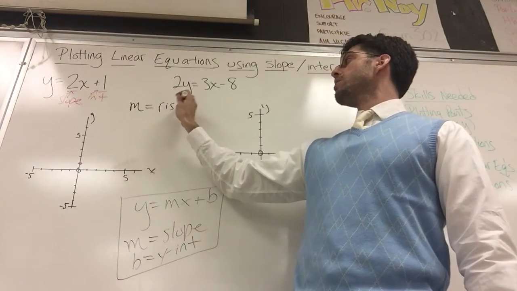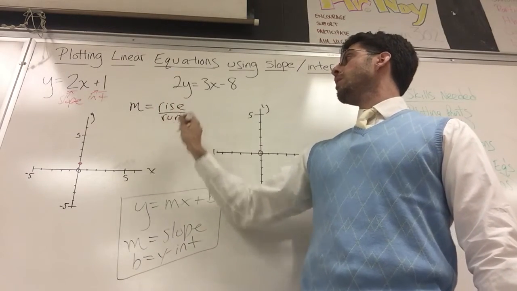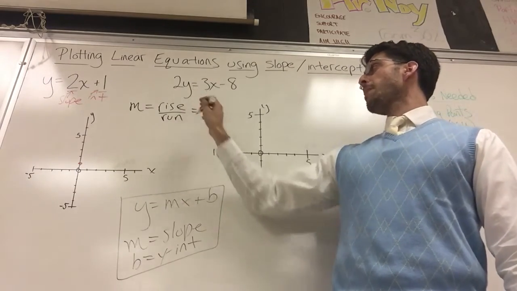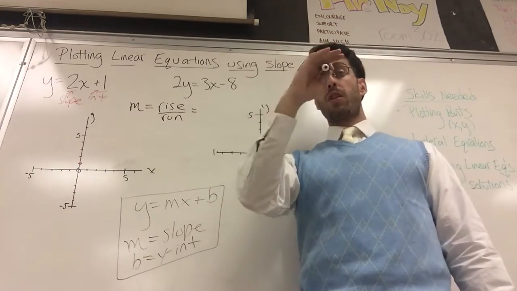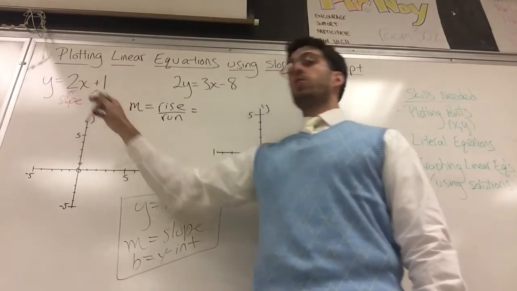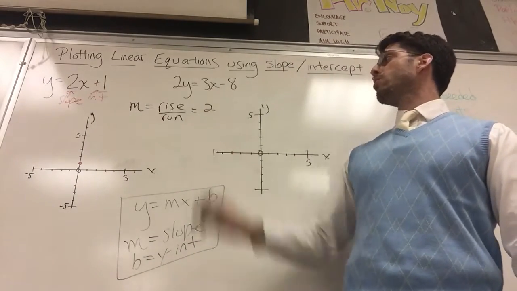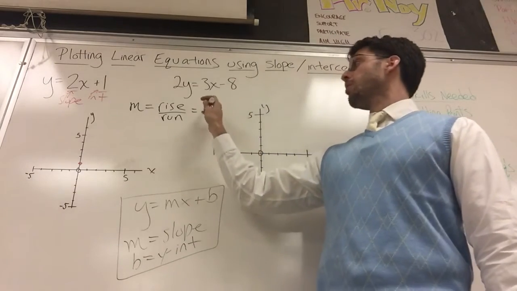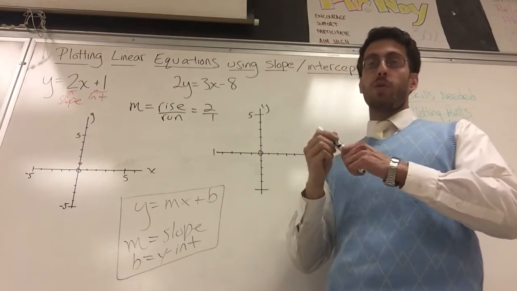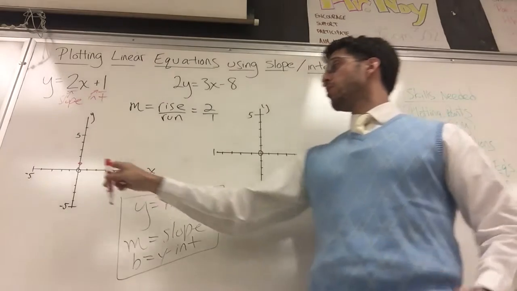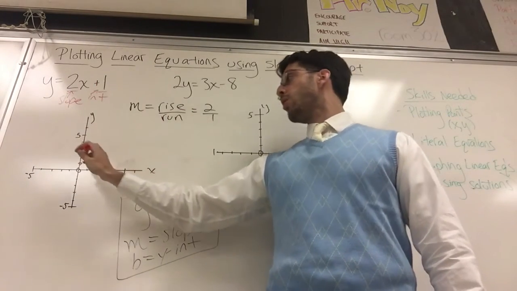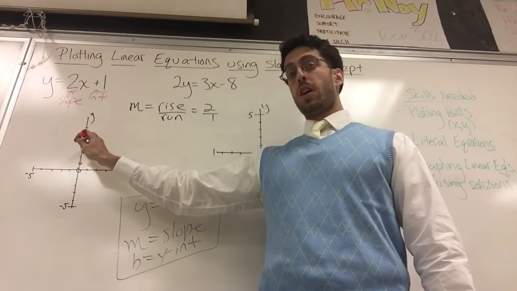Slope is rise over run, and this 2 should be a fraction. It's 2 over something. In 3rd grade, they taught you that any whole number can be put over 1. All right? Once you remember that, you start at 1, and then you do what the slope tells you to do. Go up 2 and over 1.